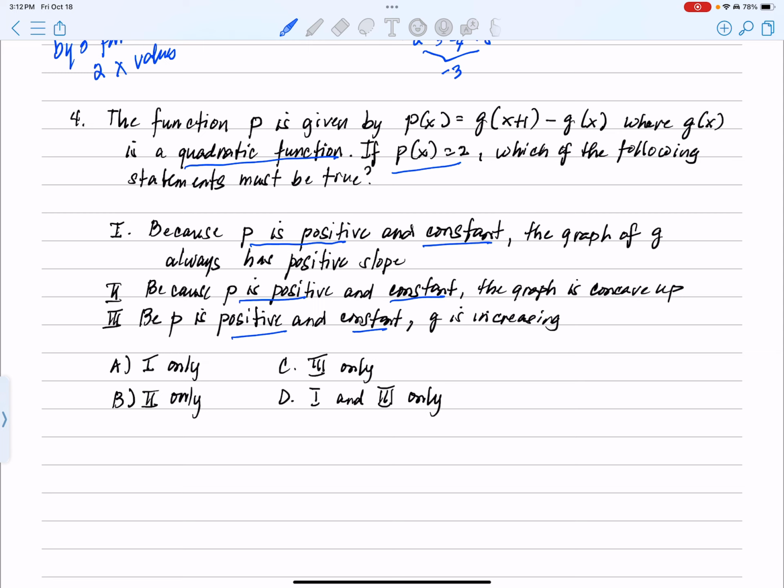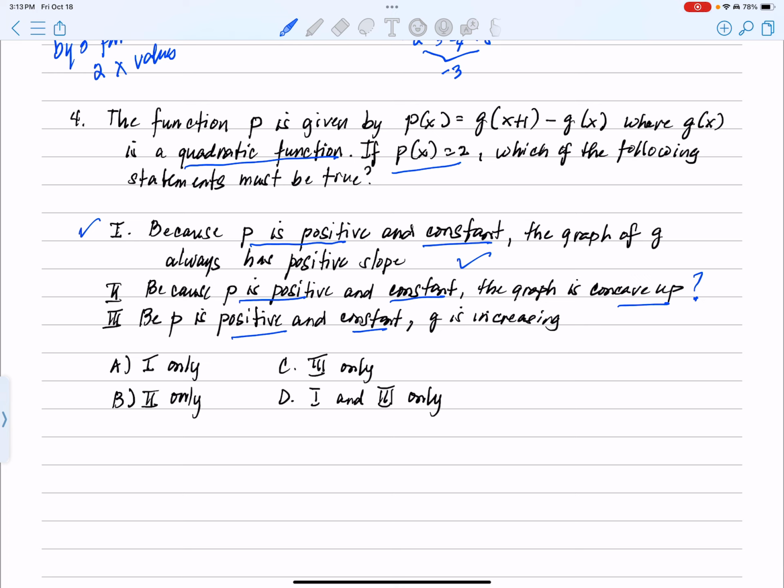The graph of g always has a positive slope. This is true, this is correct. Always positive because p is positive, so g must be positive. Because p is positive and constant, the graph is concave up. That's a big question. From the definition of concavity, we are trying to figure out when it's up or down, and when it's up, what is increasing there.